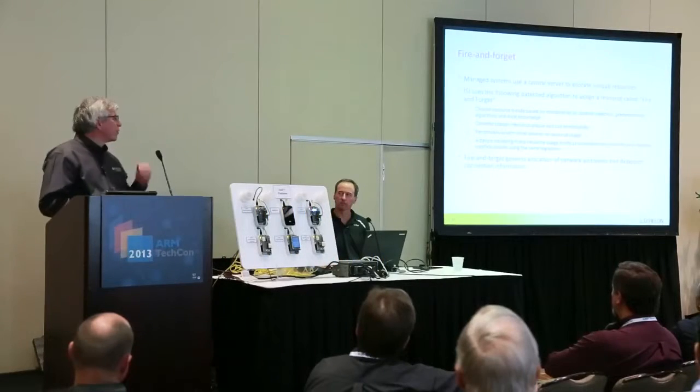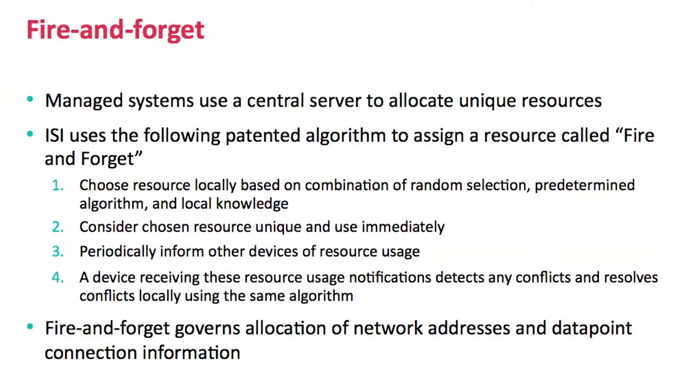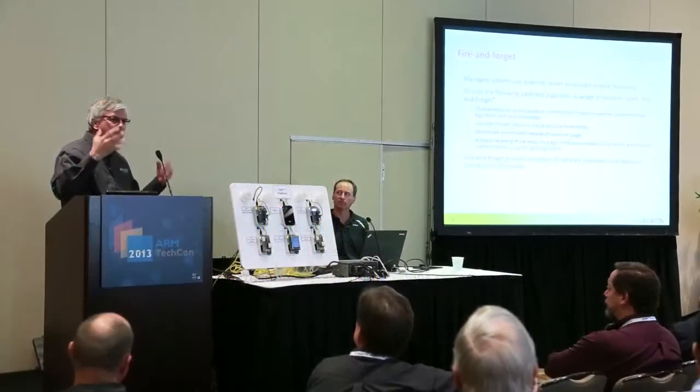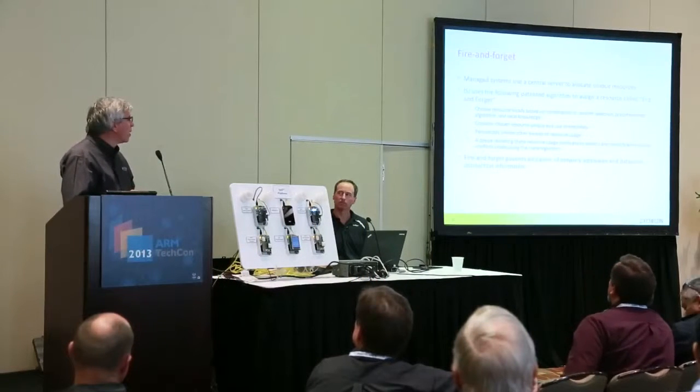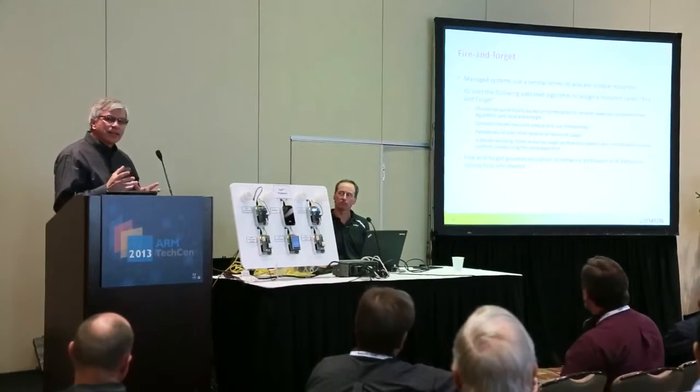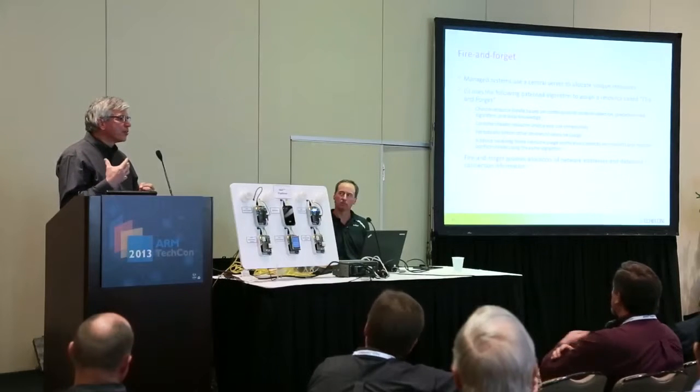So fire and forget. A typical managed system uses a central server to assign addresses within the system to allow the devices within the system to talk to each other. So when your PC talks to your printer, there's often some central authority that assigned those addresses and made that happen. The idea of fire and forget is that we want devices to be able to assign their own resources.